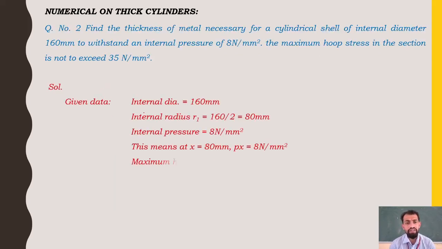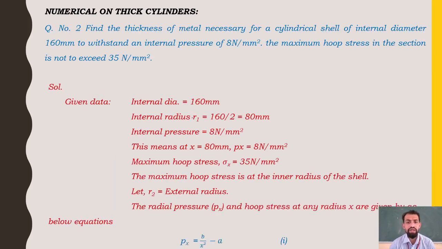Solution. Given data: internal diameter 160 mm, so R1 is 160 divided by 2, which is 80 mm, and internal pressure is 8 Newton per mm square. This means at 80 mm radius, Px is 8 Newton per mm square, and the maximum hoop stress sigma x is 35 Newton per mm square.